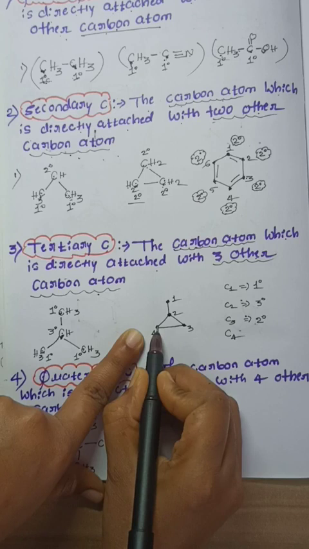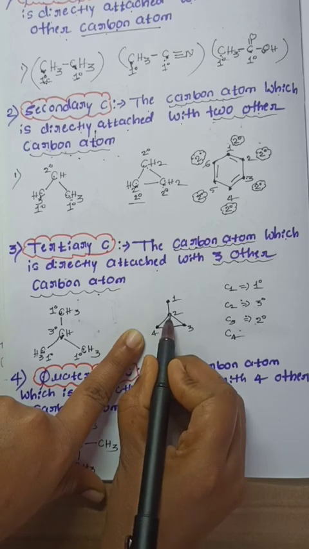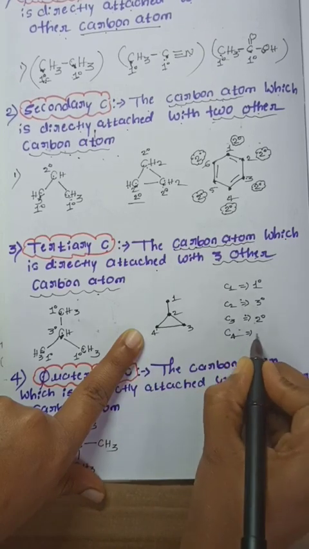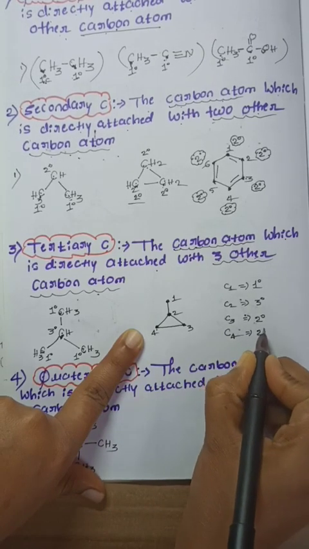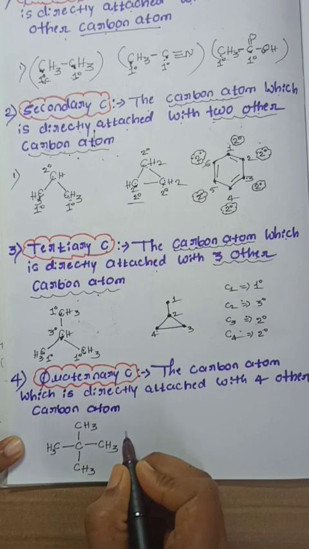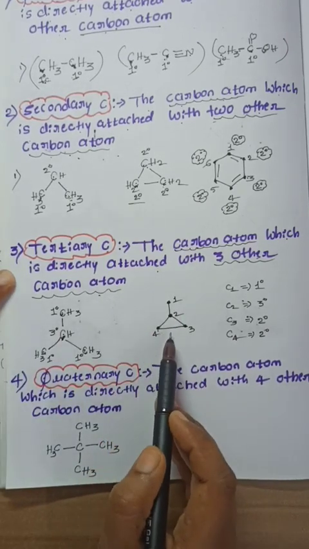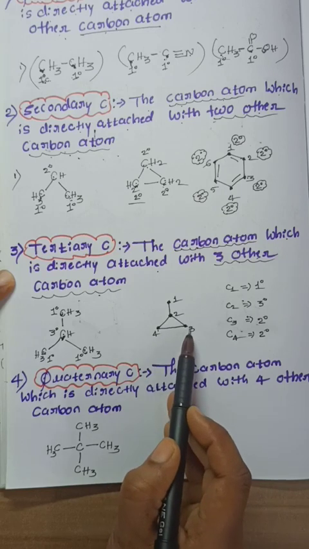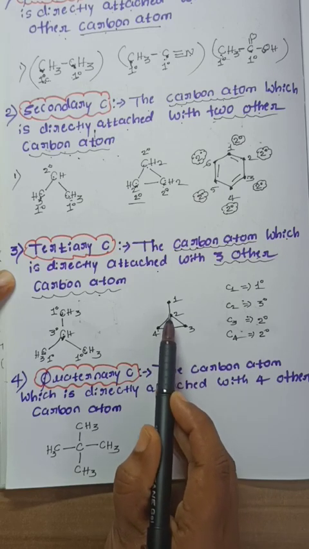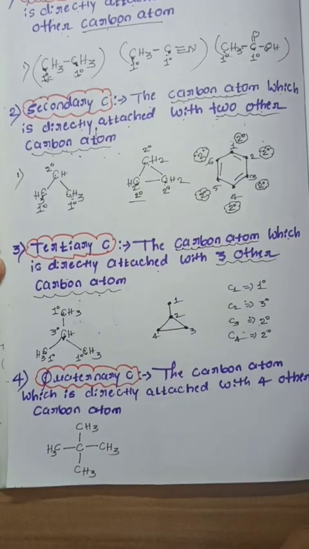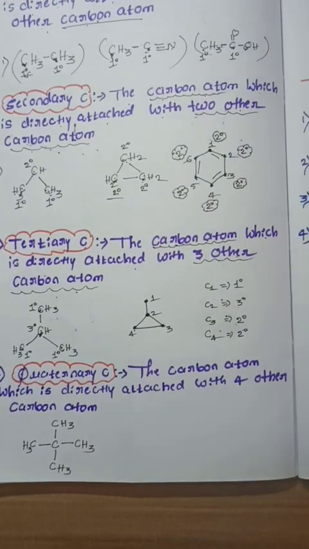The fourth carbon is directly attached with C2 and C3, so this fourth carbon is also secondary. Understood? In this example there are two secondary carbons, one tertiary carbon and one primary carbon. And the last one is quaternary carbon.